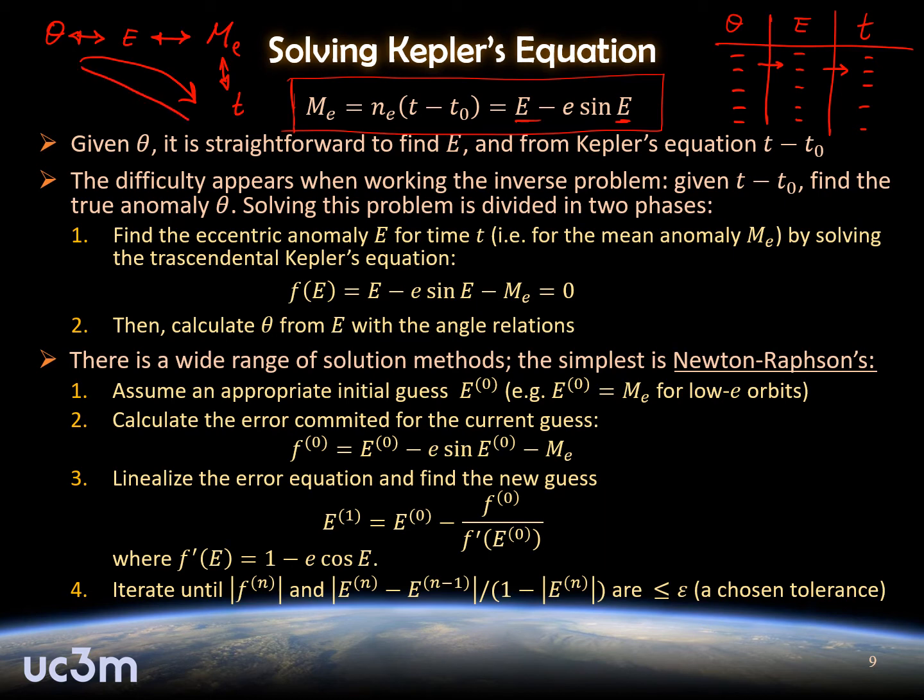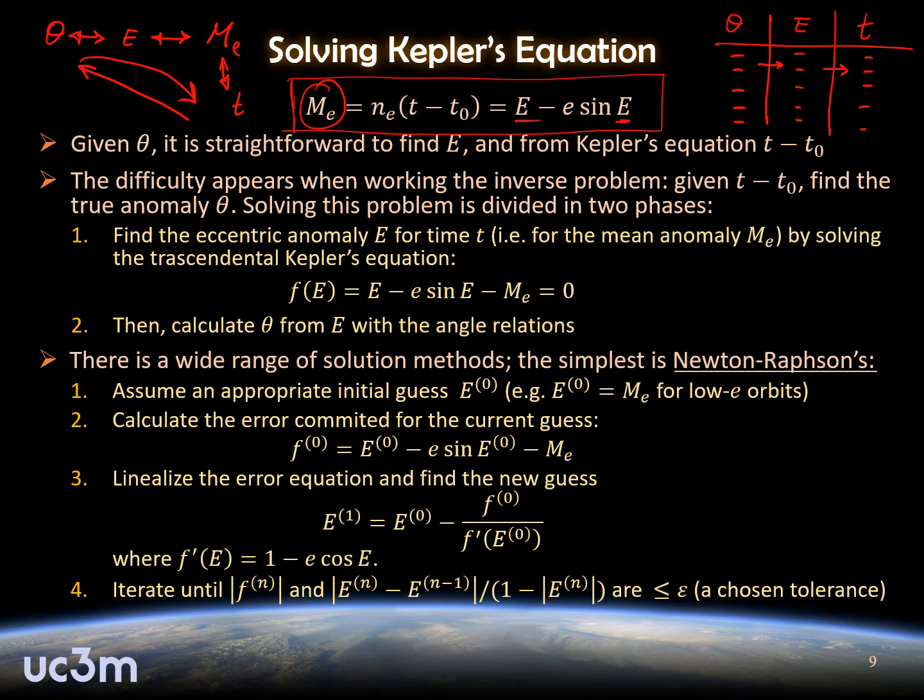So when you have time and you want to find the value of theta for that particular instant of time, that's not an easy problem, because when you have time, you have M_E, and solving this equation in reverse is actually very difficult. It cannot be solved by hand. You need some sort of numerical solver in order to do the job.